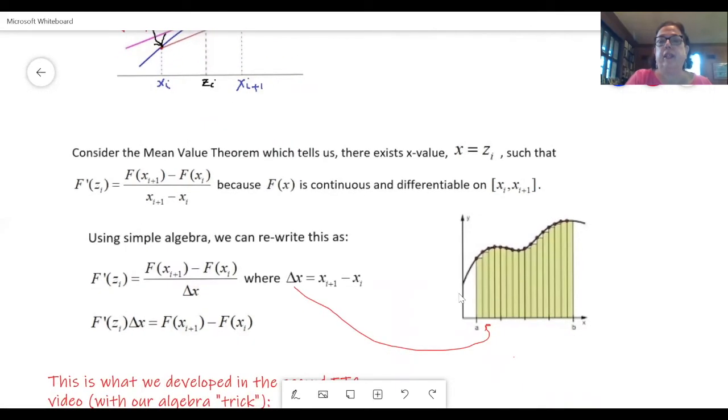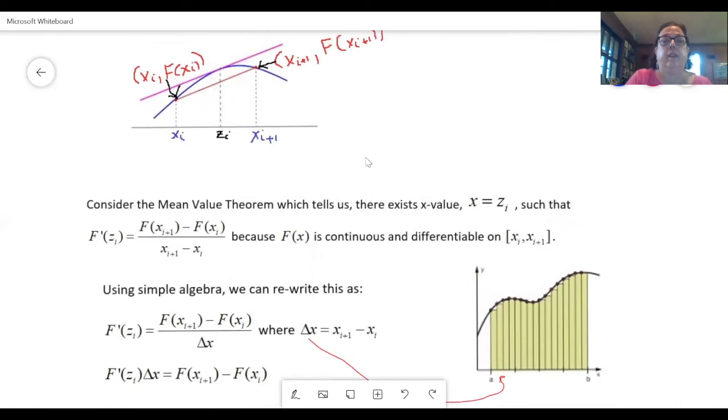Just remember that we're in this kind of situation here, where every pair of these x sub i plus 1 are the same distance apart. So we can think of that difference, the denominator of this slope formula, as delta x. So I have the derivative of capital F at z is the difference between the function values at the endpoints divided by delta x.